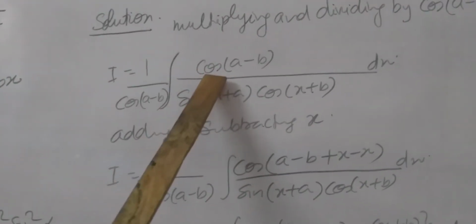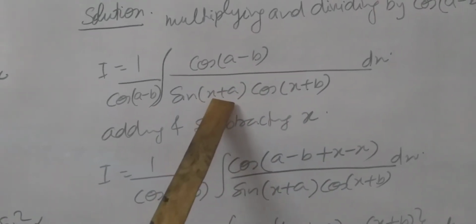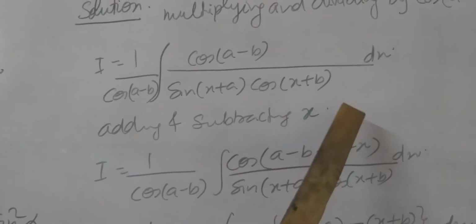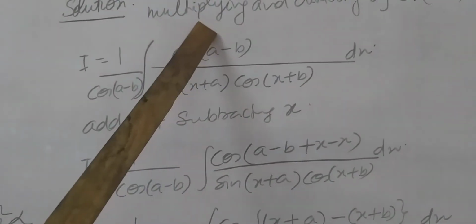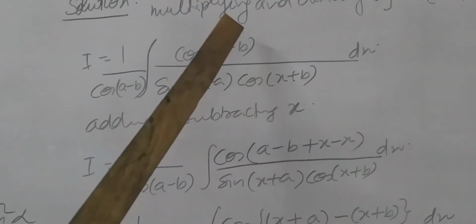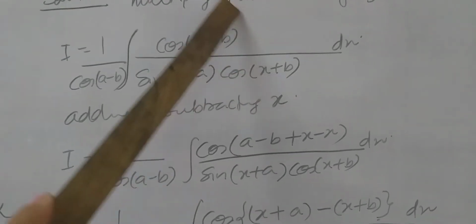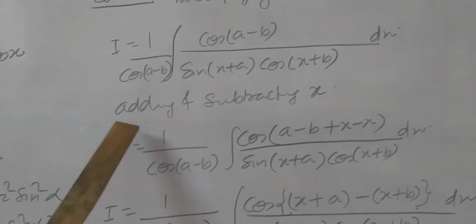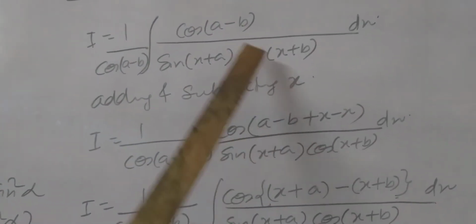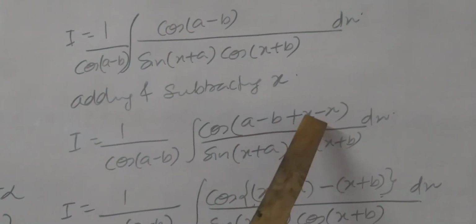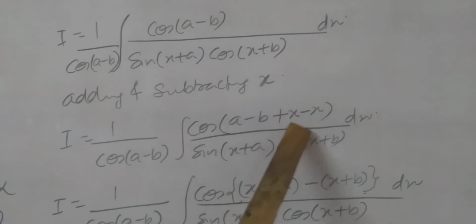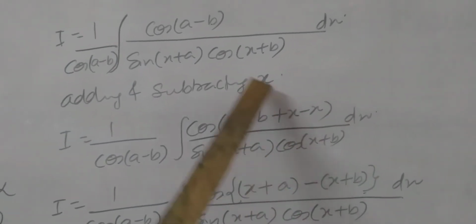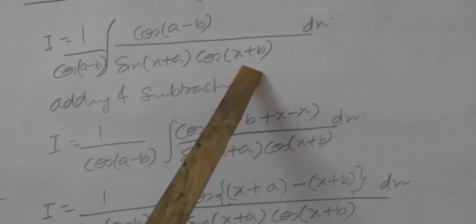Now to make the formula in terms of x plus a and x plus b, we can add and subtract x inside the cos. So a minus b plus x minus x. We have added and subtracted x here to make the formula of x plus a and x plus b.